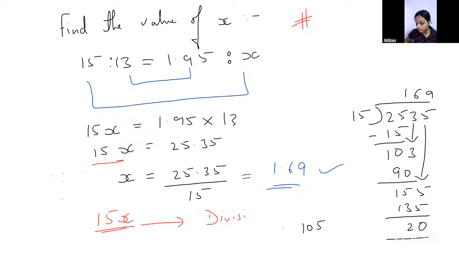When I took 15x to this side, it will divide 25.35. Here it is multiplication; when it gets to that side, it becomes division. If 15x is there and there is another number, you just take 15x and put it below that number.